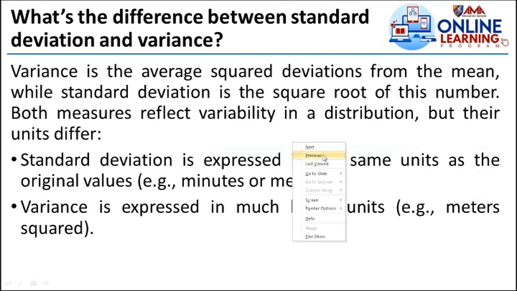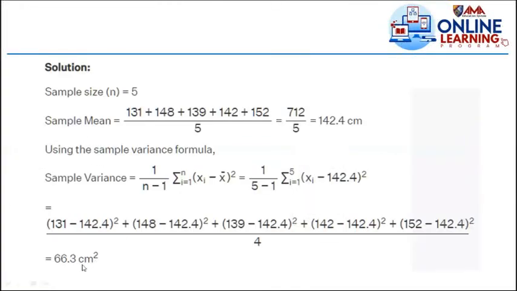So, ibig sabihin, kanina, pag ito yung sample variance po natin, the unit is square centimeter. Pag kinuha mo yung square root nito, the square root of 66.3 square centimeters will give you 8 point something centimeters. So yung 8 point something centimeters, that's now the value of our standard deviation.